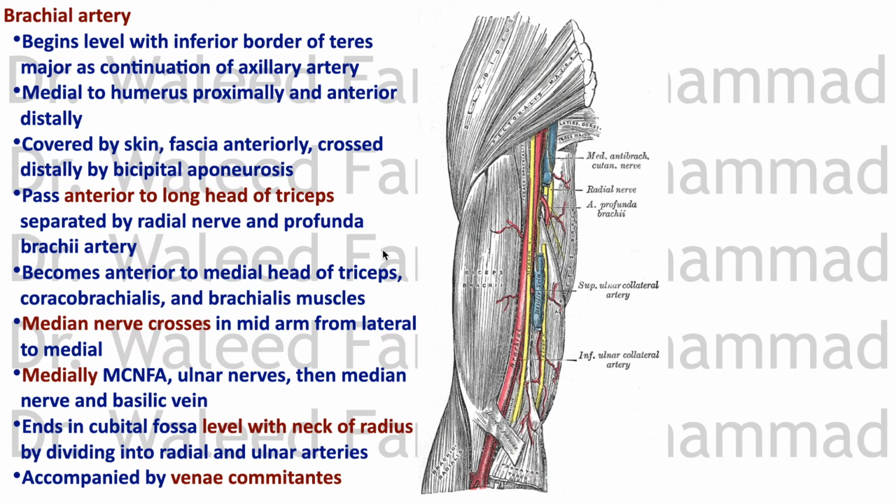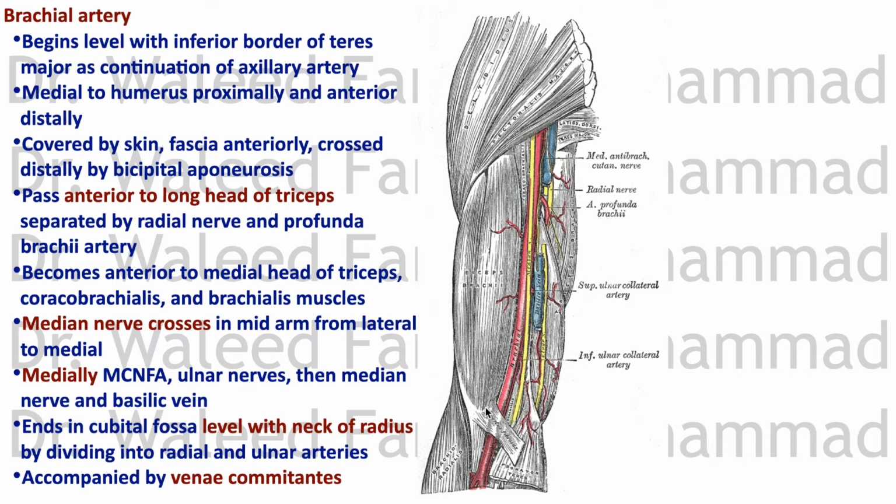It's medial to the humerus proximally and anterior distally. See that? It's medial proximally and anterior distally, covered by skin, fascia, and crossed by the bicipital aponeurosis, as you can see here in the cubital fossa.